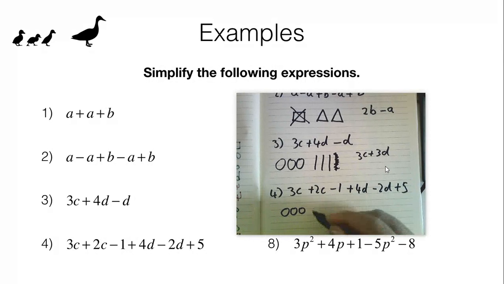Add 2c, 1, 2. Okay, take away 1. I think what we'll do with the subtract 1 is we'll leave that just now. Let's do the d's. So we've got 4d. We're going to take away 2d. And then we've got 5.